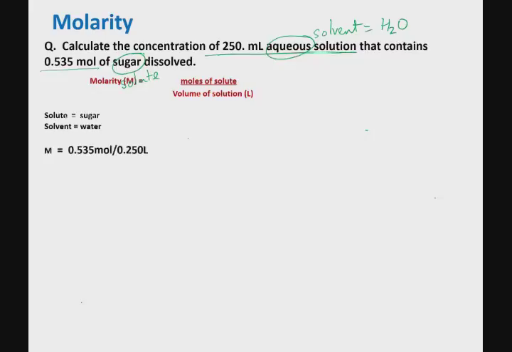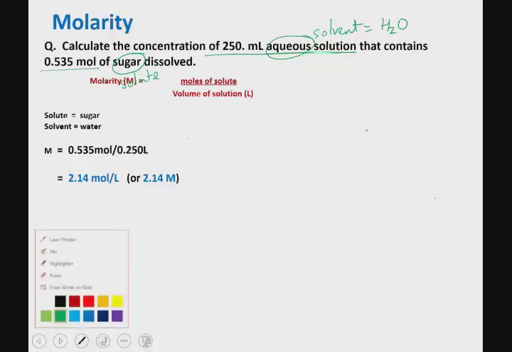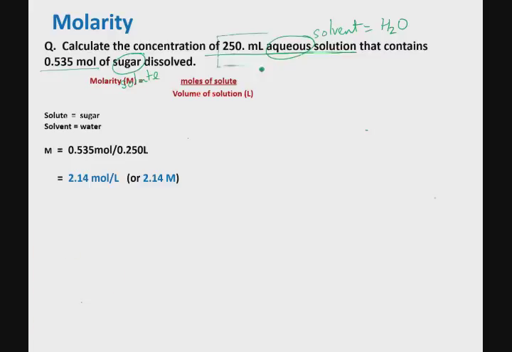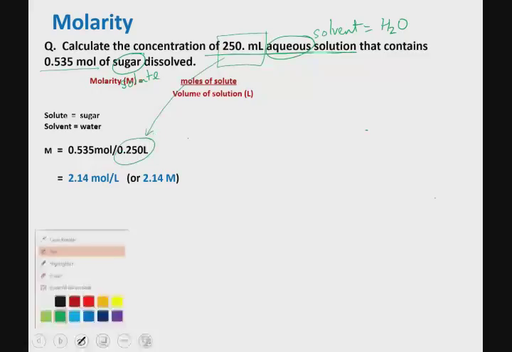When we divide moles by liters, we get molarity equal to 2.14 moles per liter, which can also be written as 2.14 molar, uppercase M. Please note that in this case, the volume was given in mLs and it was converted to liters, keeping track of sig figs.